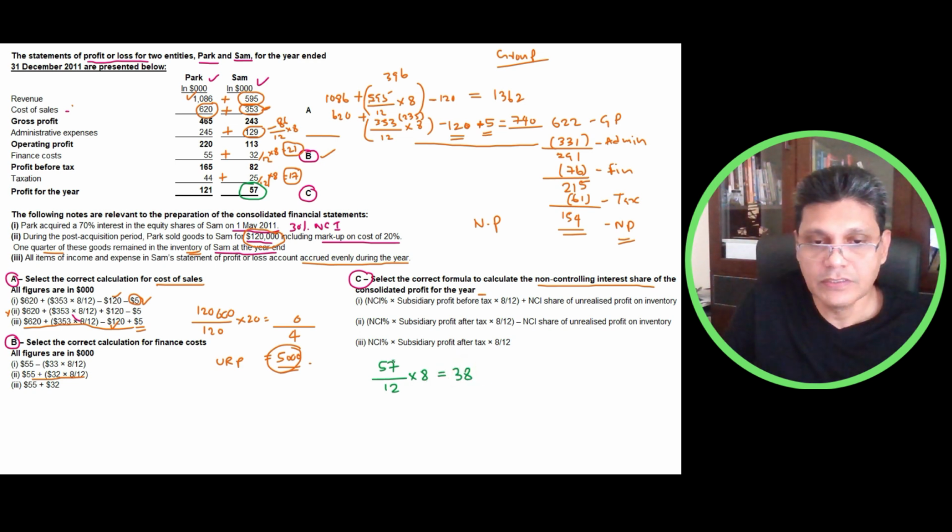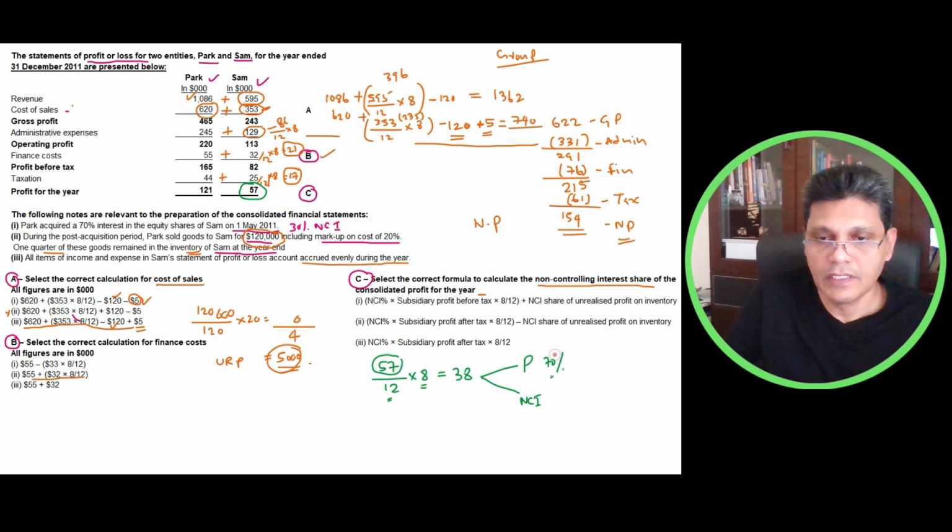So this is the subsidiary profit that was divided by 12 and times 8 because of the post acquisition period. So from this 38, it belongs to the parent as well as the non-controlling interest. Parent is 70% and non-controlling interest 30%.